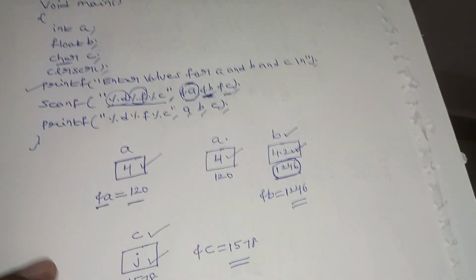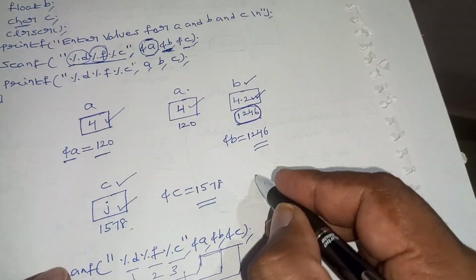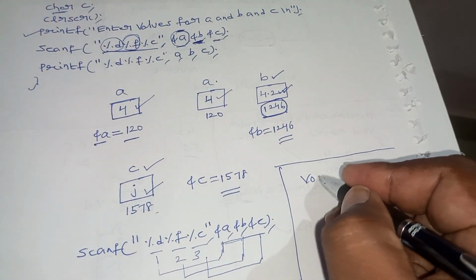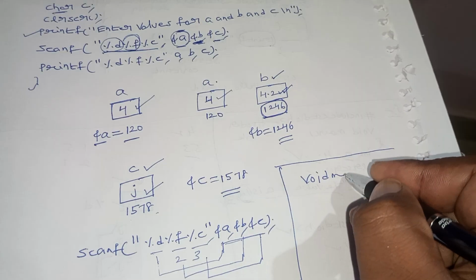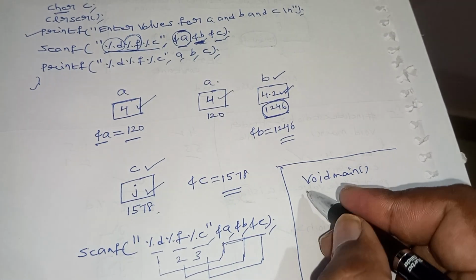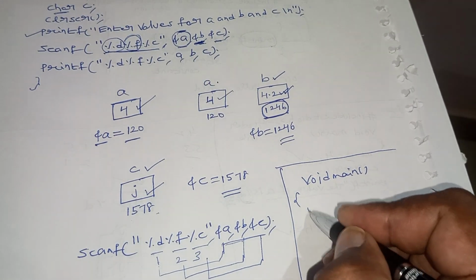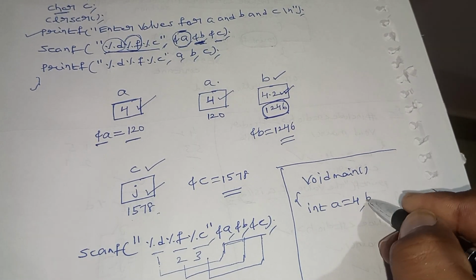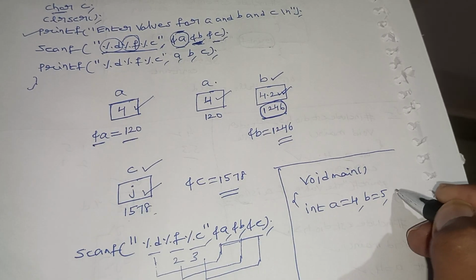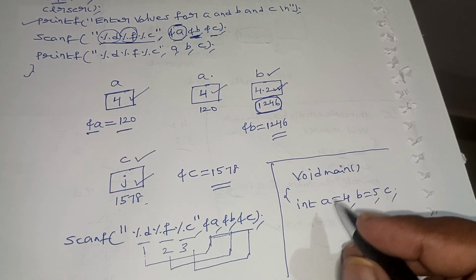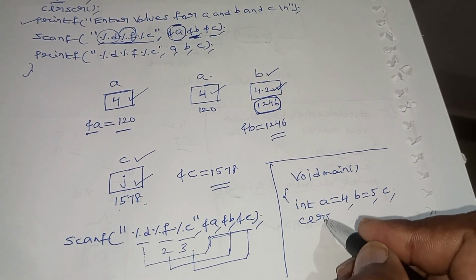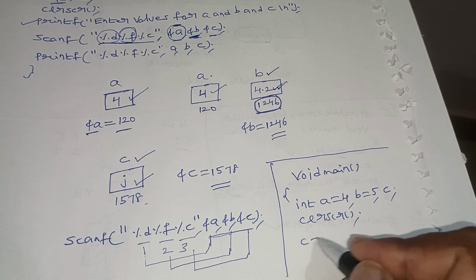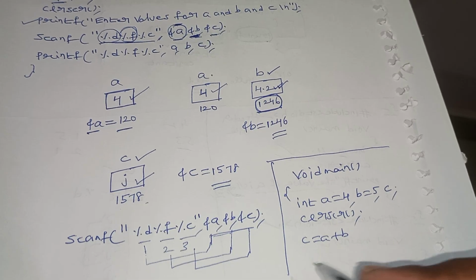For example, I will take a small program. void main, int a equal to 4, b equal to 5, c. clrscr semicolon. c equal to a plus b.